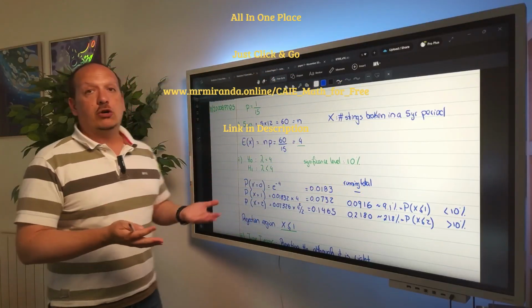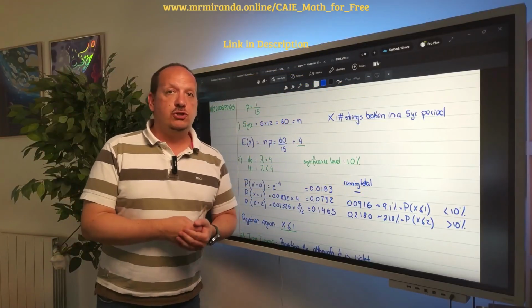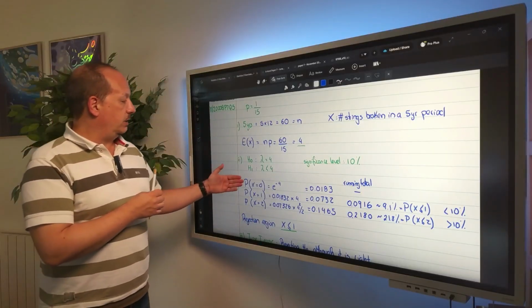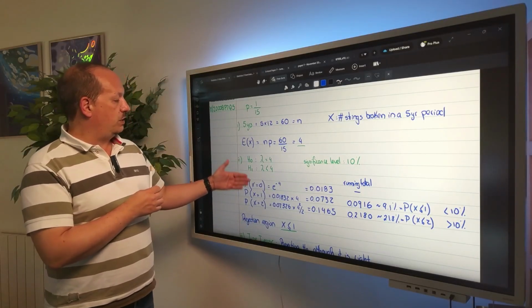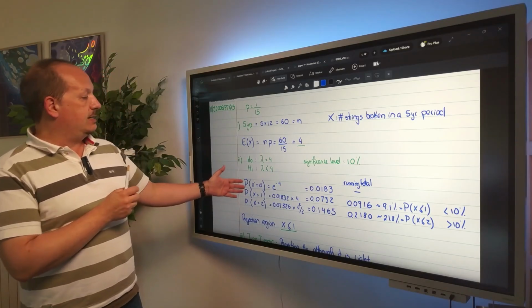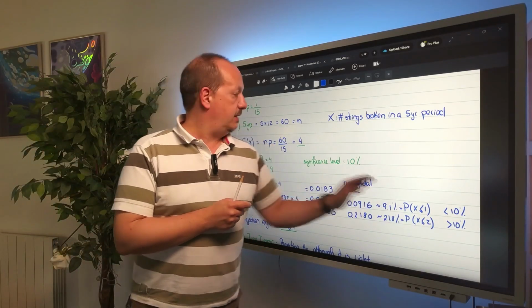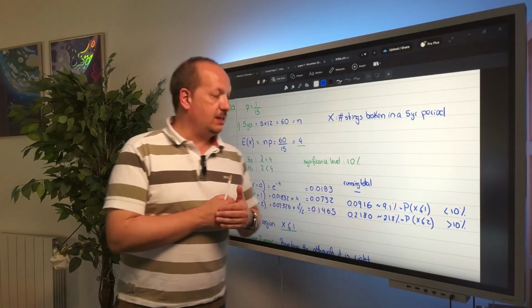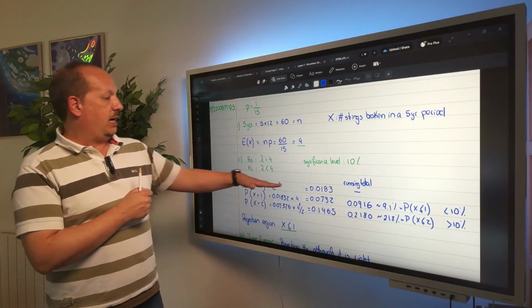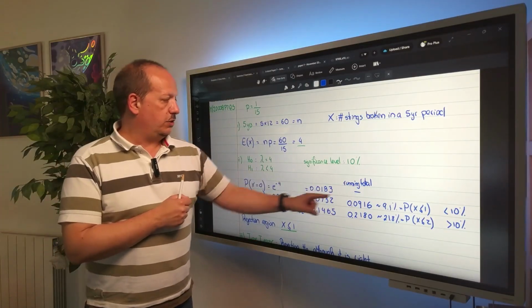So again, we are going to use the Poisson distribution, and we are going to start calculating the probability that X equals 0, 1, 2, etc. until it goes above the 10% threshold of the significance level. So here you have the running total.